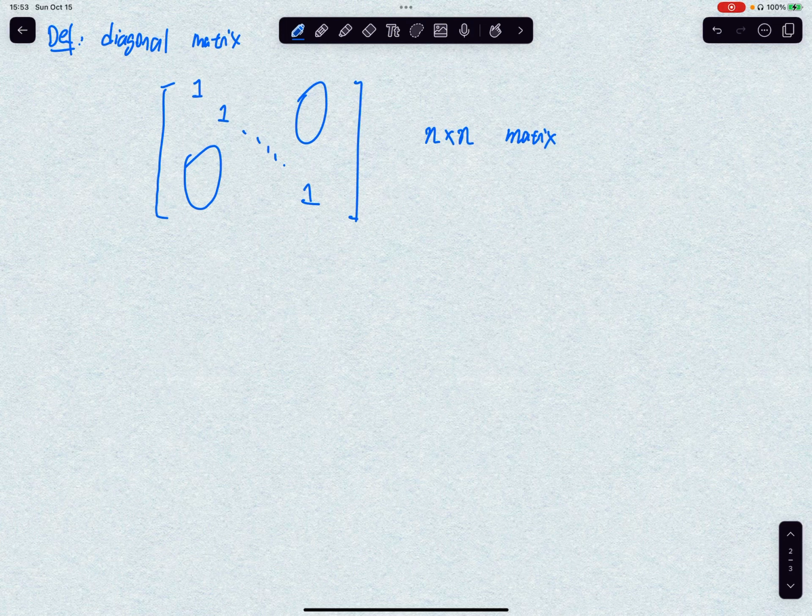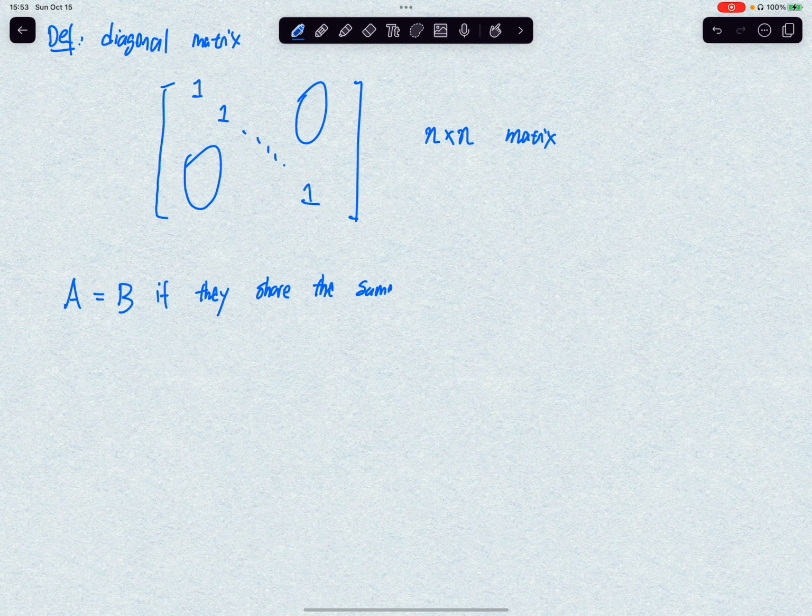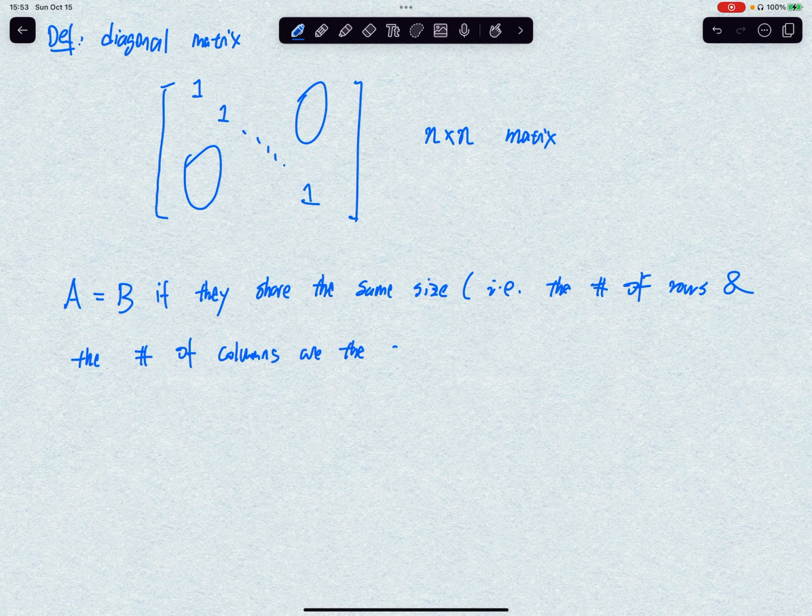And we say that two matrices A and B are equal if they have the same size. That is, the number of rows and the number of columns are the same, respectively.